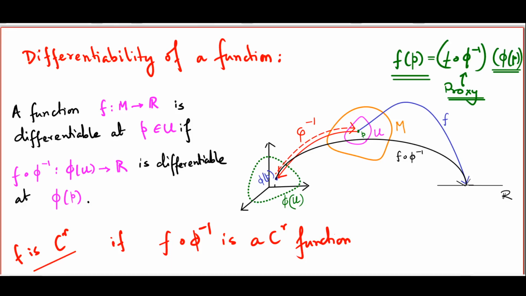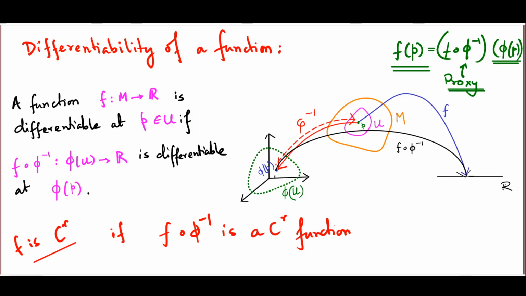Of course, since you may have multiple charts covering your set M, and point P may actually belong to the domain of multiple charts, the question of compatibility of these charts comes into play here.